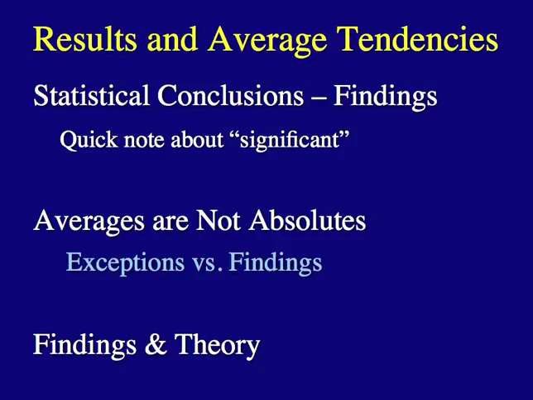So these statistical conclusions, we make a bunch of observations, we make some mathematical calculations on those, and we have a statistical conclusion that basically says if it's significant, that means that the likelihood or the chance of this happening randomly, that more boys raise their hands than girls in this particular example, is very unlikely. It's not just a coincidence. There's actually a meaningful pattern there.